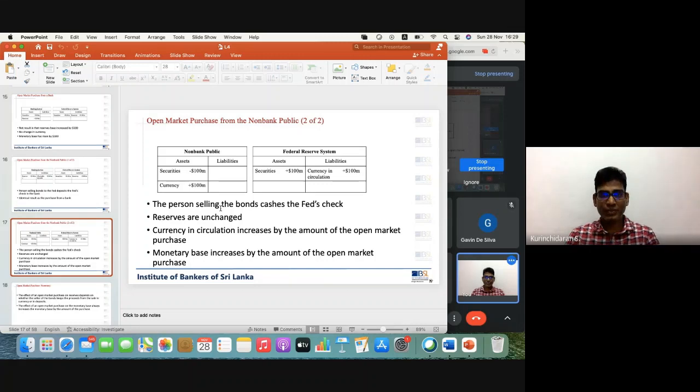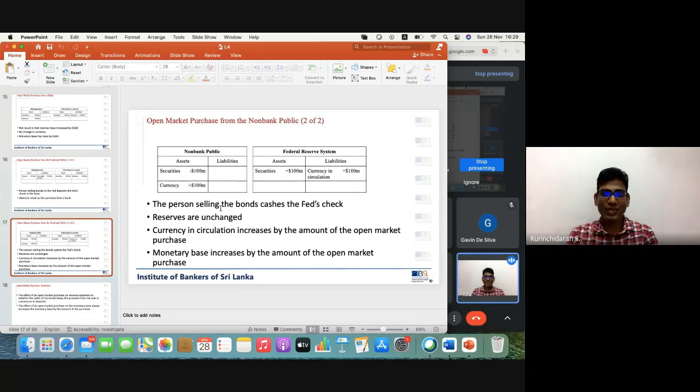What they can do is sell the securities to banks or the general public. When the central bank sells the securities, banks or the general public will get the securities and give the reserves or money back to the central bank. So the reserves will come down.